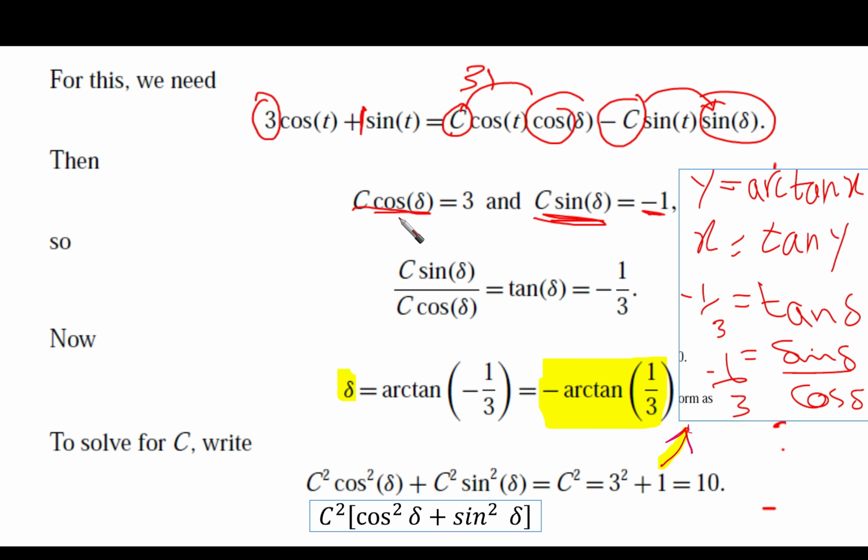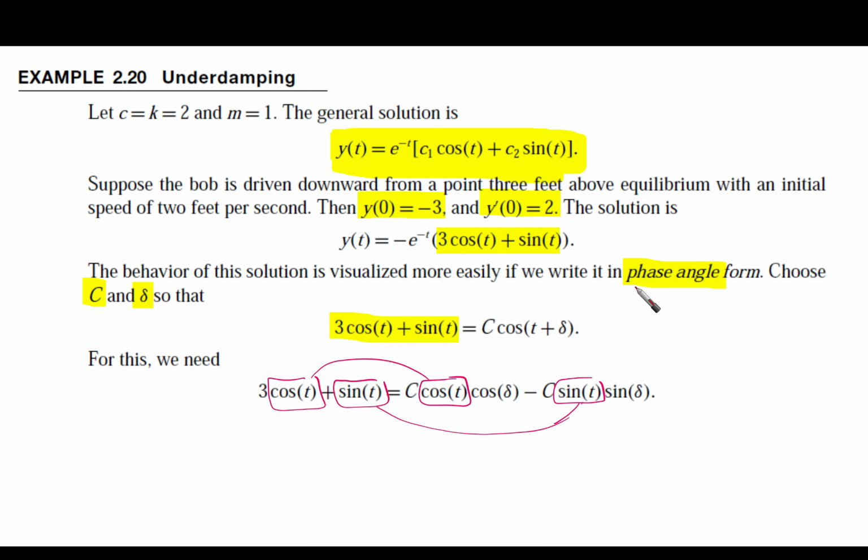So based on this, we want to get delta, because C and delta are considered to be the main parameters needed for our phase form. Remember, for the phase form we want what? Parameter C, and delta, another parameter. So we are making some manipulation in order to get this C and delta.